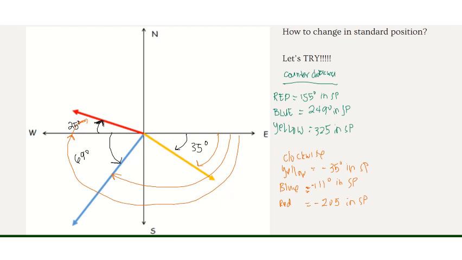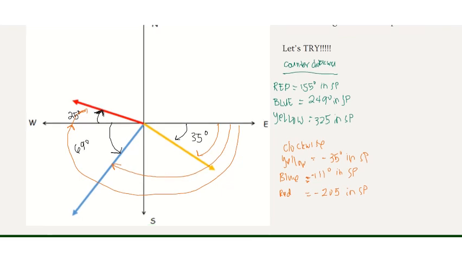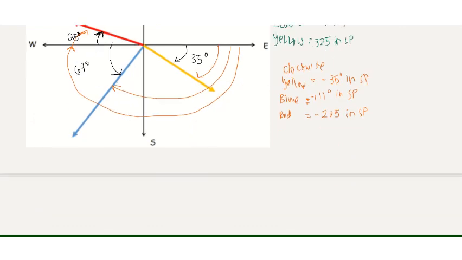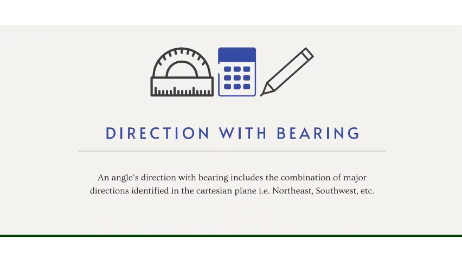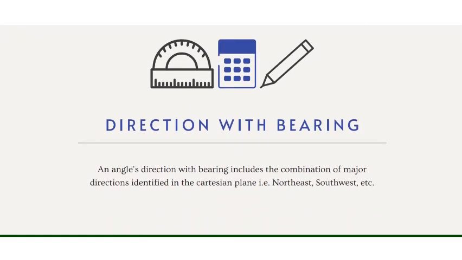Okay, so since we're able to understand what standard position means, which is basically the distance of an angle from the east, let's proceed with direction with bearing. Direction with bearing is an angle's direction which includes the combination of the major directions identified in the Cartesian plane: northeast, southwest, north of east, south of west.